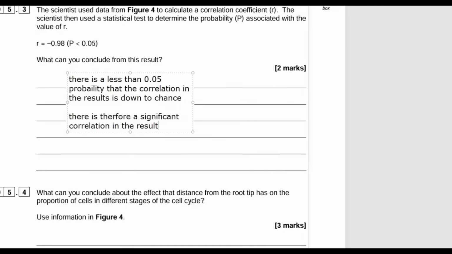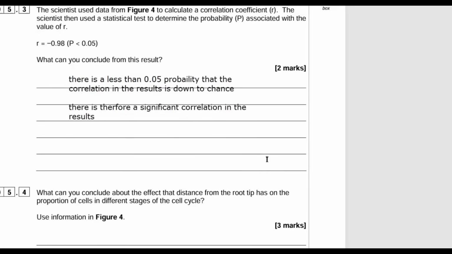So you reject your null hypothesis, which would be that there is no correlation between mitotic index and distance from the root cap. What we're saying is actually there is a correlation, and there's a 95% probability or chance that this is significant. And there's only a less than 0.05, or less than 5%, probability that this is just down to chance.